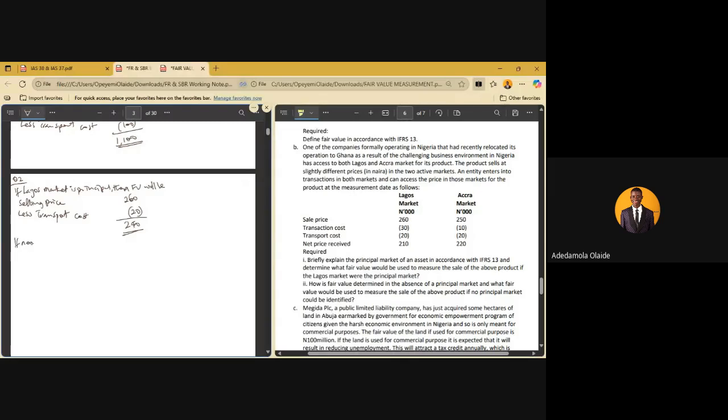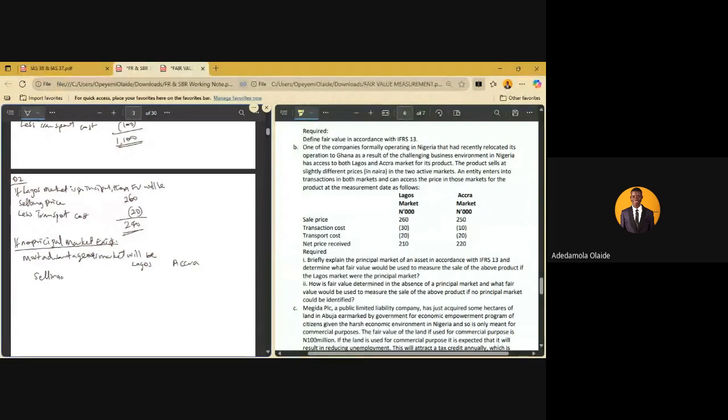If no principal market exists, most advantageous market will be what? We have Lagos and we have Accra.